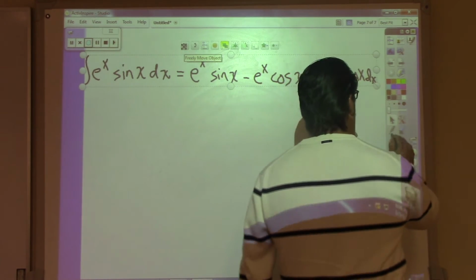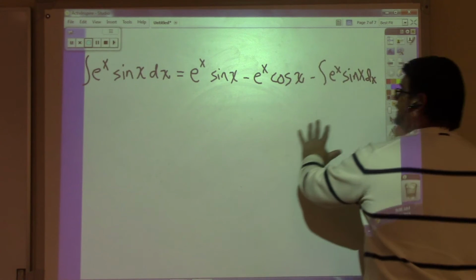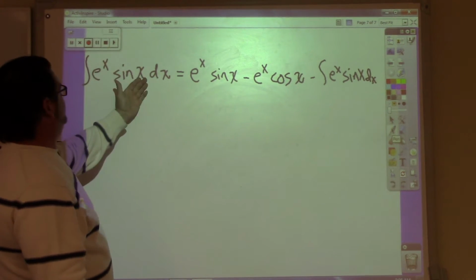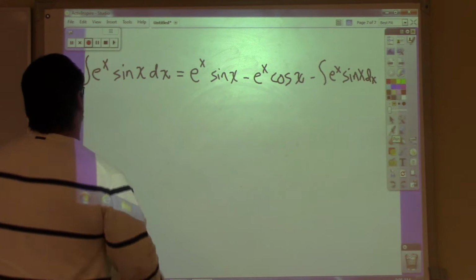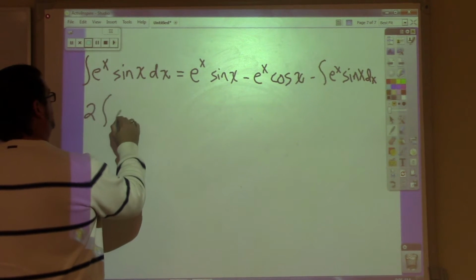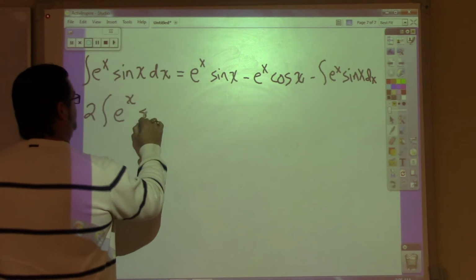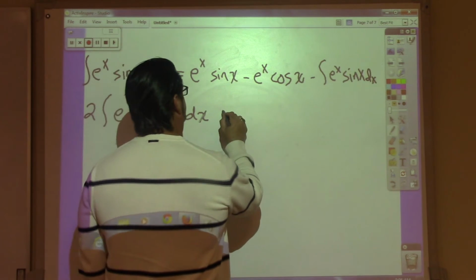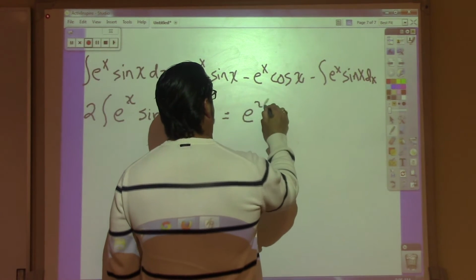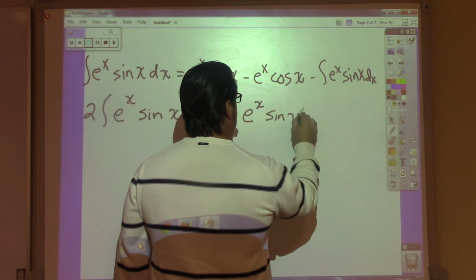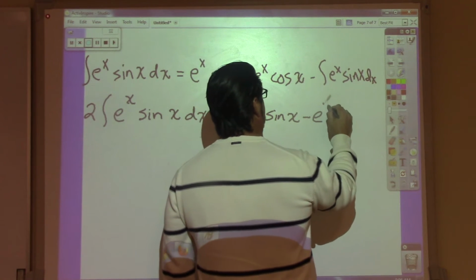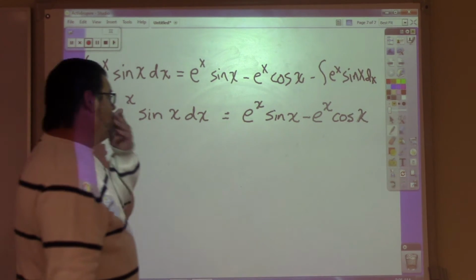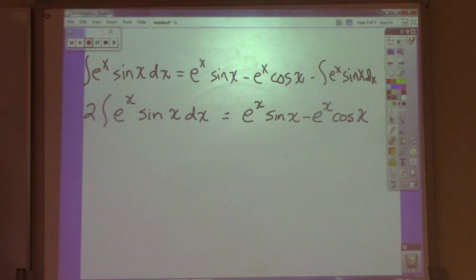Okay, now you got this guy can come over here. One antiderivative of this plus one antiderivative of this is 2 times the antiderivative of e to the x sine of x dx, which is equal to e to the x sine of x minus e to the x cosine of x. And then divide by 2.